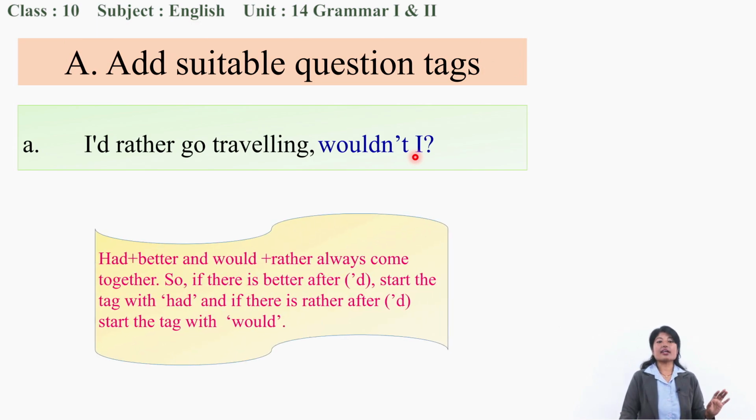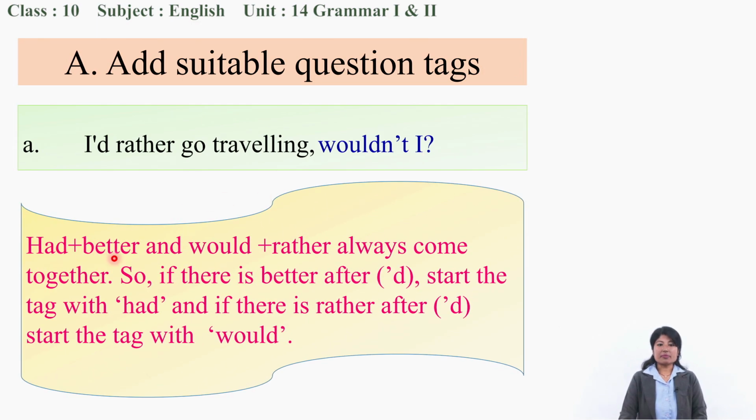So where there is had plus better, and would plus rather, we say "had better," but with rather it is would. They always come together. So if there is better after apostrophe d, start the tag with had, and if there is rather after apostrophe d, then the tag will start with would.